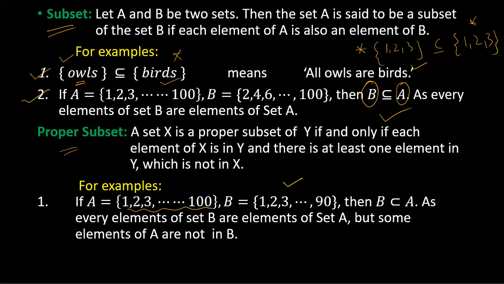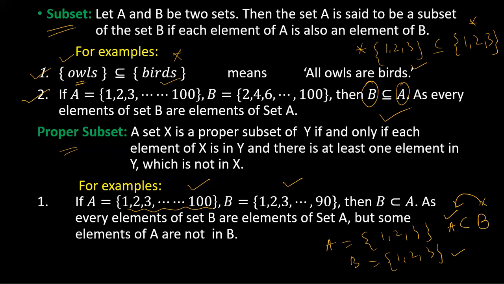So each element of B is an element of A, so B is a proper subset of A. But here, if we take A as 1, 2, 3 and B as 1, 2, 3, we cannot say A is a proper subset of B, because we should have at least one element in B which is not in the set A. But here each element of A is in B, and again each element of B is in A. So we cannot say A is a proper subset of B.